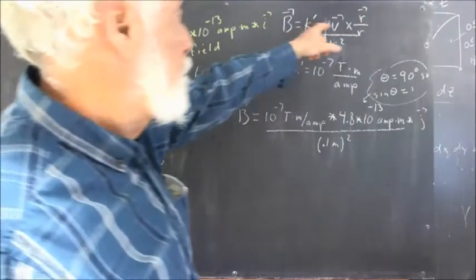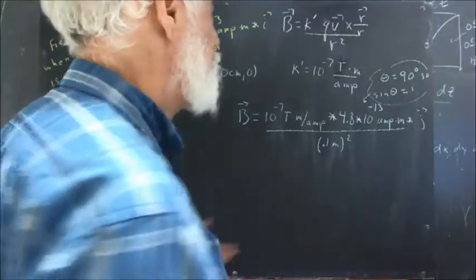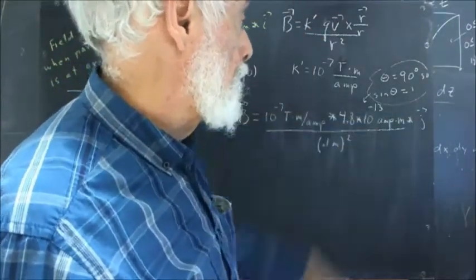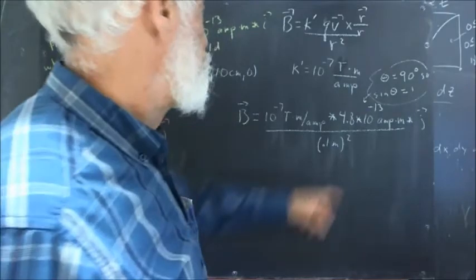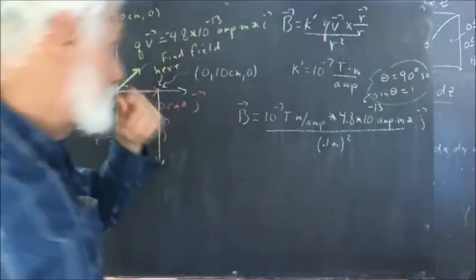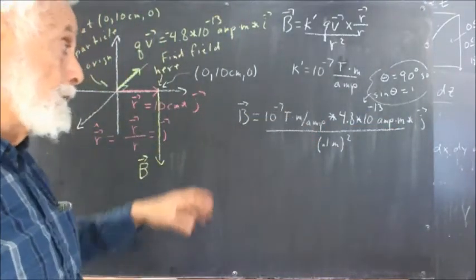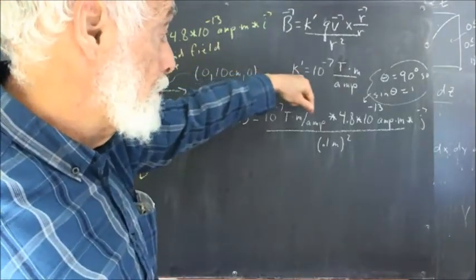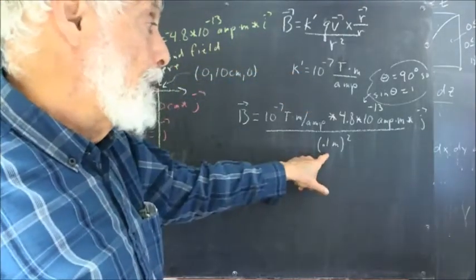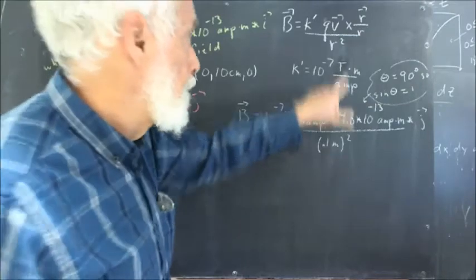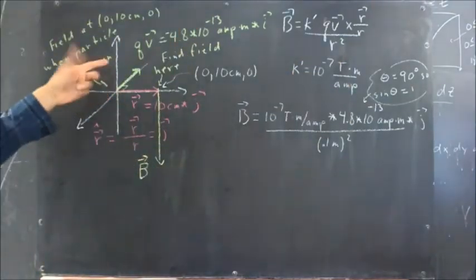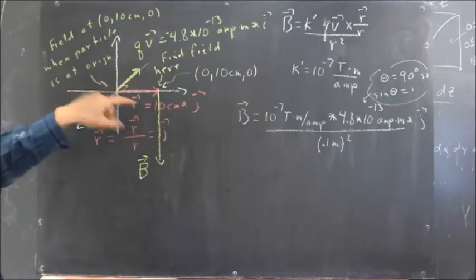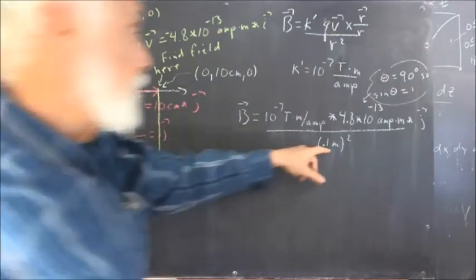We've calculated QV for our particle, and it's 4.8 times 10 to the negative 13th amp meters. And that calculation is done previously. Our K prime is 10 to the negative 7th Tesla meters per amp. Our denominator is the square of the magnitude of our R vector, which is 10 centimeters, or 0.1 meter.